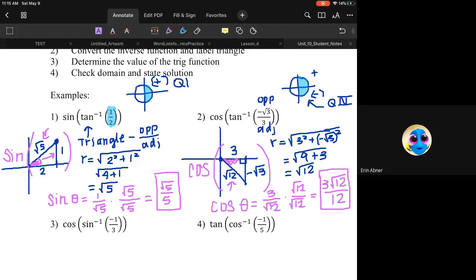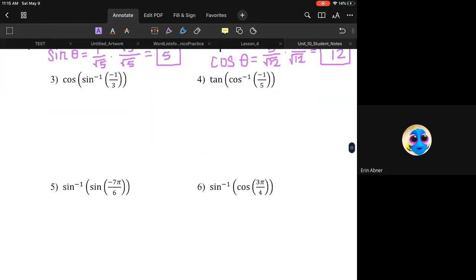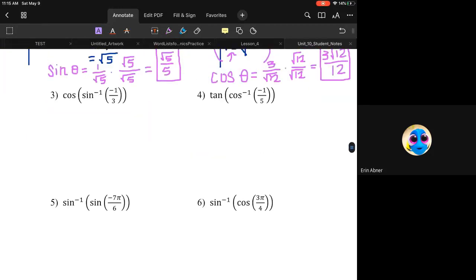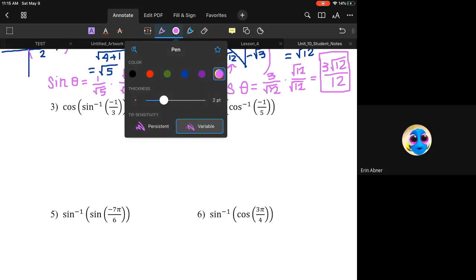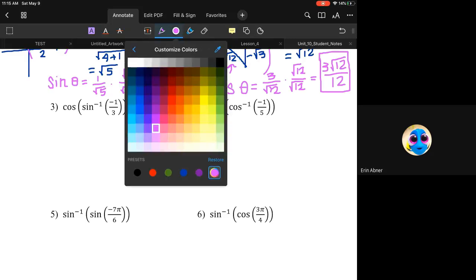All right. So looking on, there are 4 more examples. I'll load the notes with the answers to those examples. But I want you guys to quick check yourselves. What does that mean if you're not one of my students, if you're one of Mr. Cook's students or any other Algebra 2 student watching the video? Quick check means we're going to test your skills that you just learned.